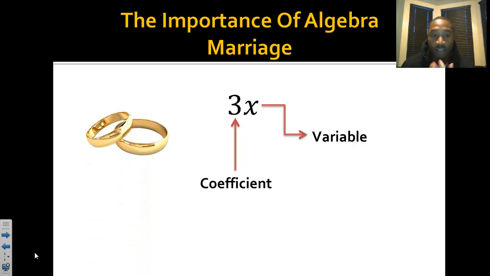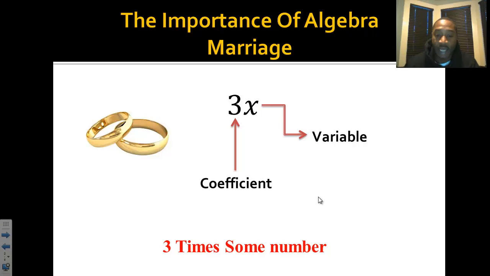And I like to call these two married. They're actually married and they're connected to one another for a reason. It's a very important reason. When we're dealing with algebra, we don't really use the multiplication sign that much. So 3 with an x right next to it, that just means 3 times some number.